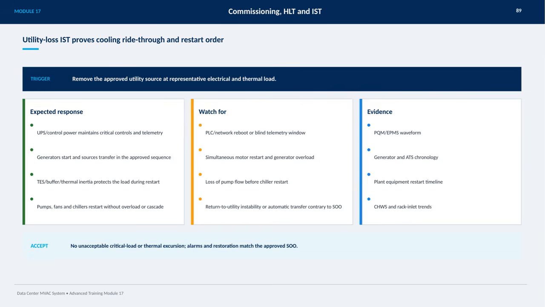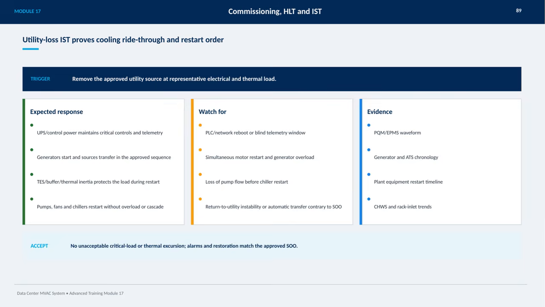Generators are then expected to start and transfer power sources in the approved sequence, ensuring a smooth transition without any power loss. Meanwhile, the thermal energy storage, buffer tanks, or system thermal inertia work to protect the load during the restart process. Pumps, fans, and chillers must restart without causing overloads or cascading failures that could compromise system stability.